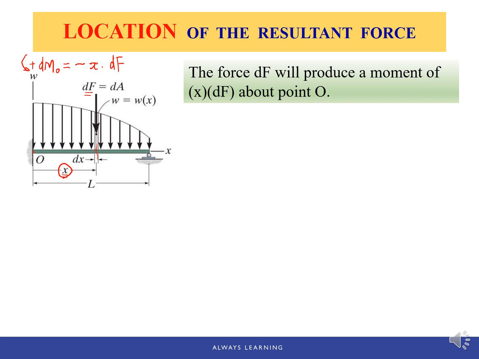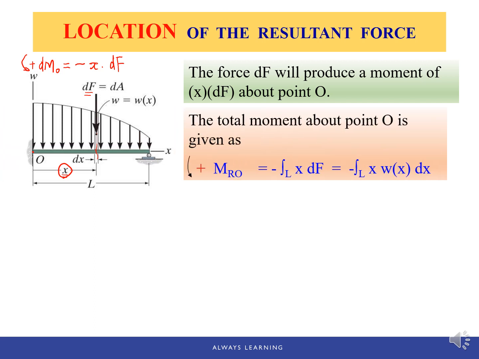So the resultant moment will be the sum of all the differential moments. In other words, this moment about point O by the distributed load equals the integral of this dMO. So x times dF actually has a negative sign. This is our dMO we just figured out. And to plug in this dF, the differential force is the differential area, which will be the loading intensity times dx.